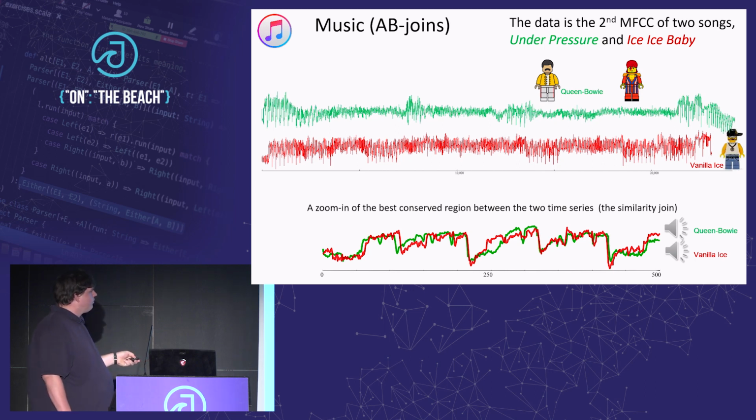This is Queen's Under Pressure, and this is Vanilla Ice's Ice Ice Baby, and they have a conserved bassline because Vanilla Ice sampled from Under Pressure when he made the song. This happens in many different domains. Copyright infringement is just one example.